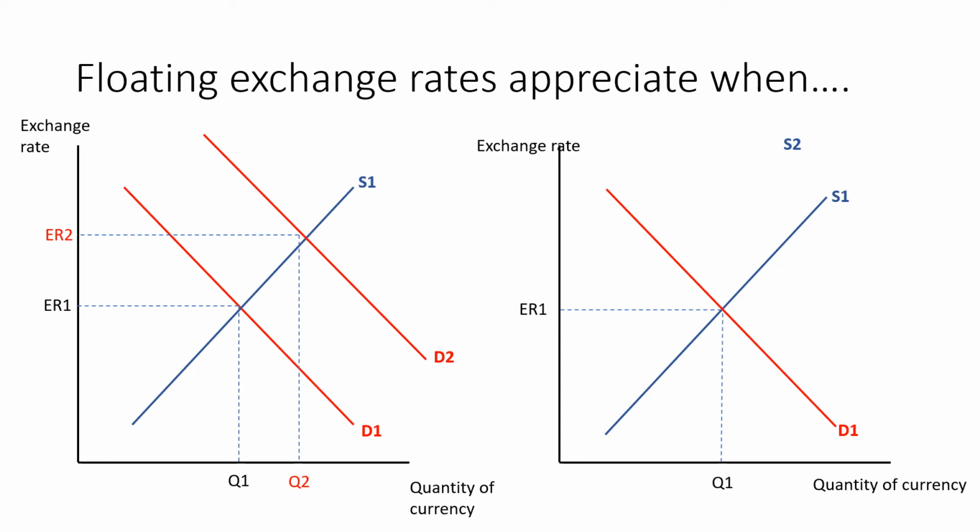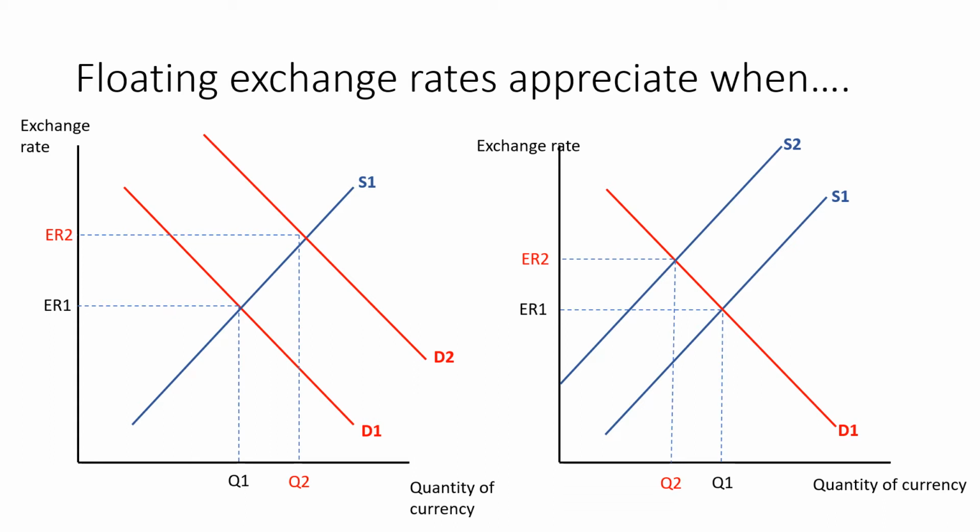The other option, of course, is a decrease in supply. That will also cause sterling to appreciate. So what could cause that? Well, basically it might be because British people are buying fewer imports or they're buying fewer assets abroad. So because we're buying fewer imports, our demand for foreign currency has dropped.